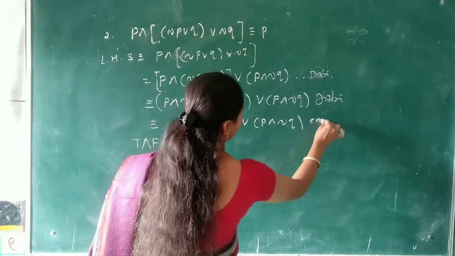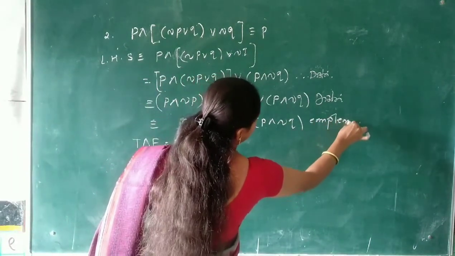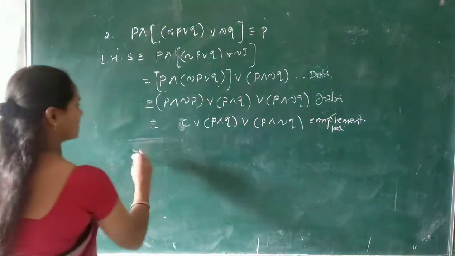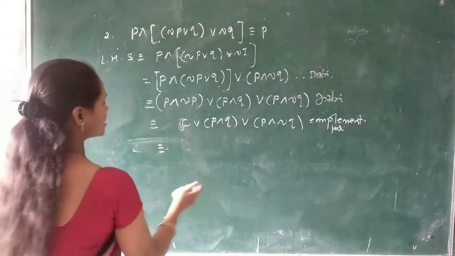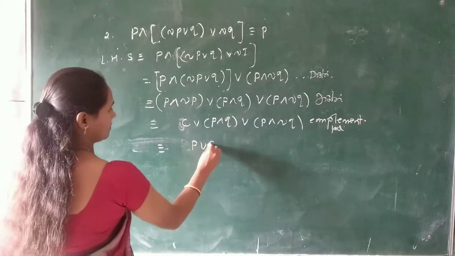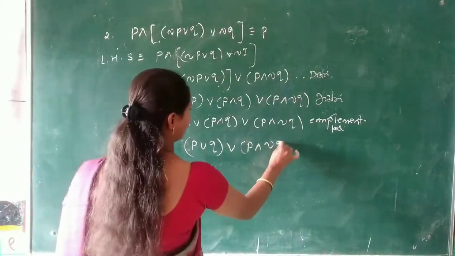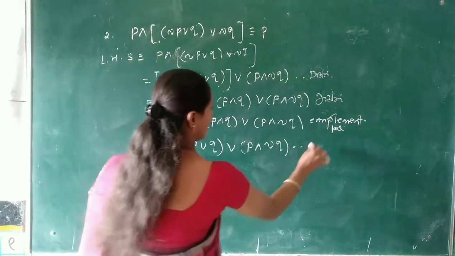We take here complement law. Next one, C or P which is P, or Q or P and ¬Q by using identity law.